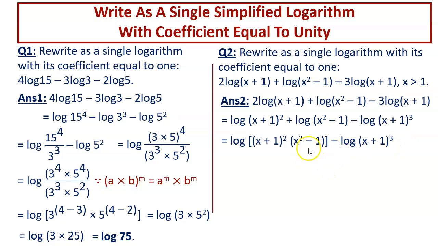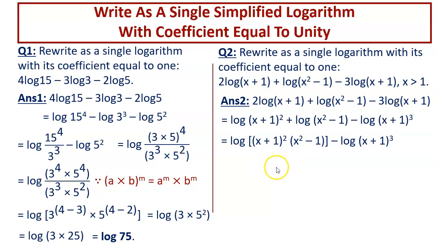And because now we are having only two log terms connected by this negative sign, the x plus 1 whole raised to the power of 3 will be coming in the denominator of the argument. But before doing this combining part, let us do some simplification of this argument for the first log term.